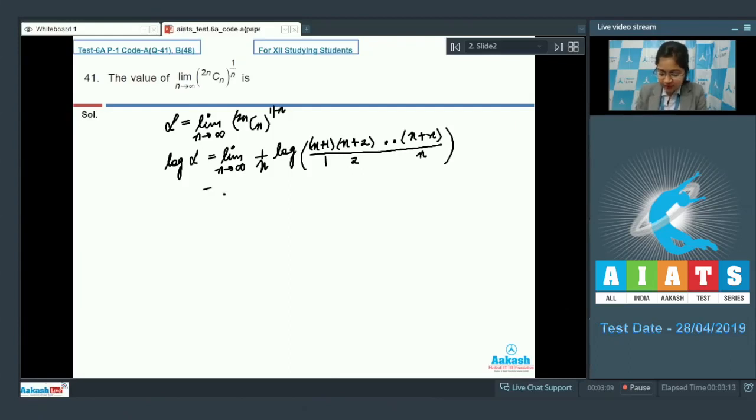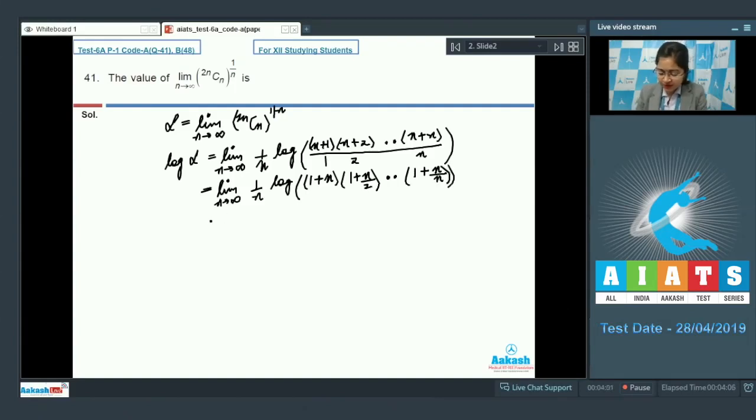So further this can be written equal to limit n tending to infinity 1 by n into log of, now this can further be written as (n plus 1) upon 1, that is 1 plus n by 1, into 1 plus n by 2, and so on up till 1 plus n by n.